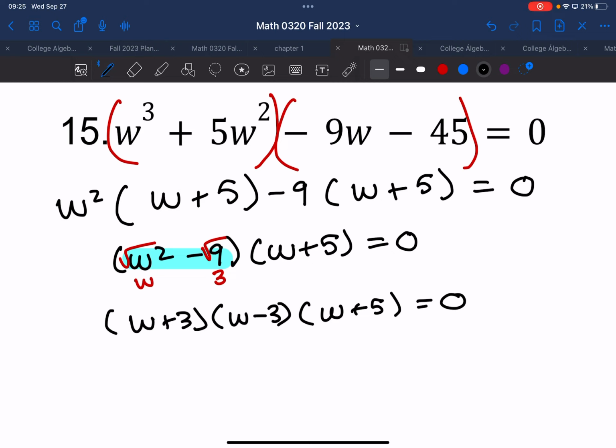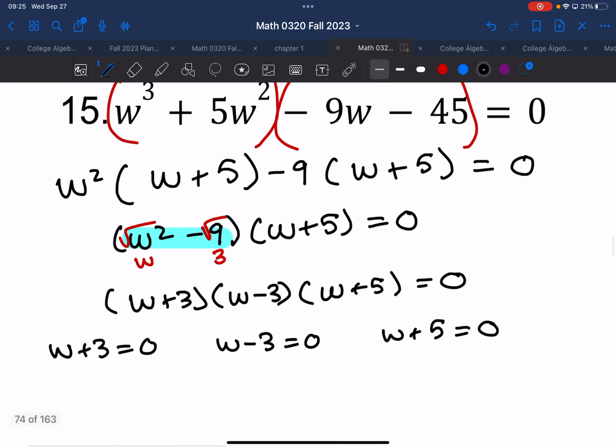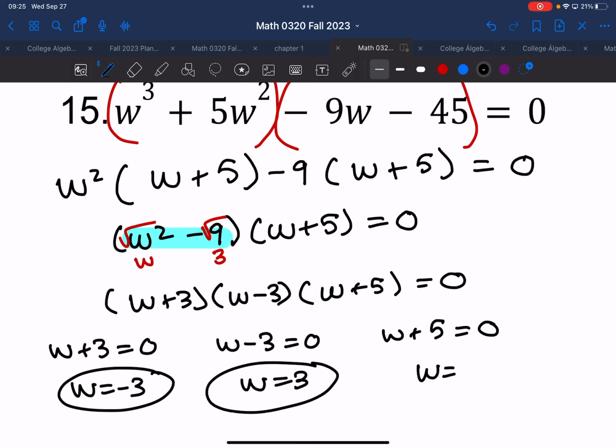So then I'm going to set all the parentheses equal to 0. So w plus 3 equals 0, w minus 3 equals 0, and w plus 5 equals 0. That's going to give me the answer w equals negative 3, w equals 3, and w equals negative 5.